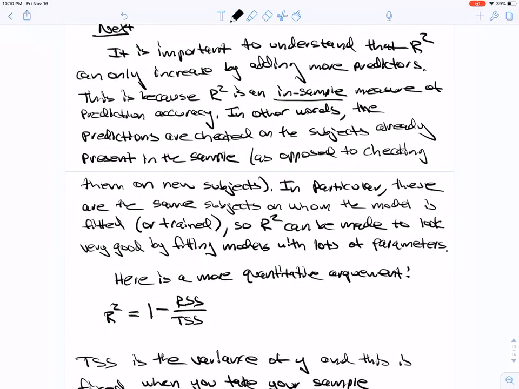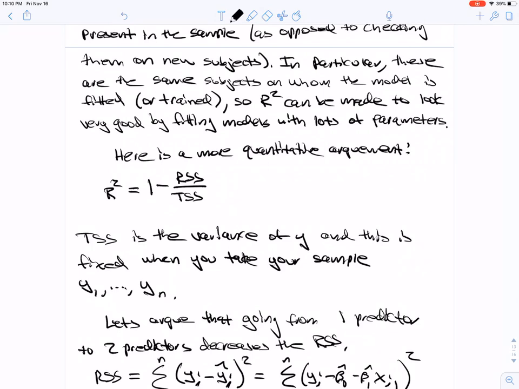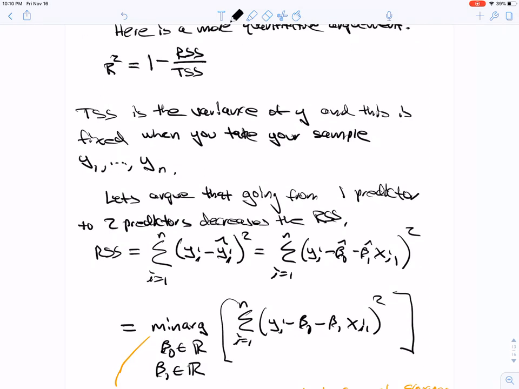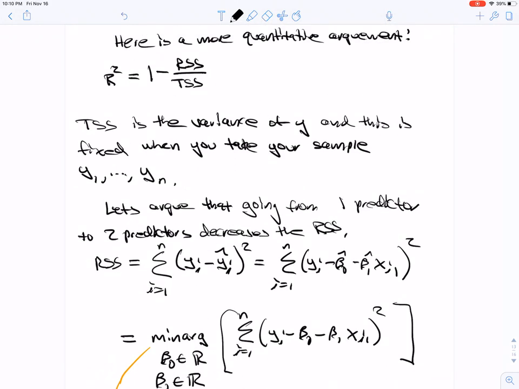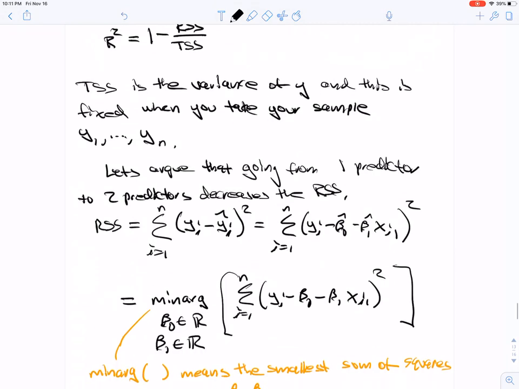I just want to make this a little bit more quantitative for you. Remember, r squared is 1 minus RSS over TSS, and TSS is the variance of y, which is fixed when you take your sample. So we're going to argue that going from one predictor to two predictors decreases the RSS and hence increases r squared, making it closer to 1.